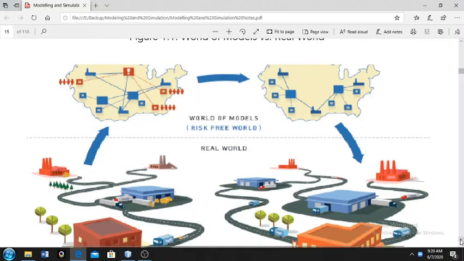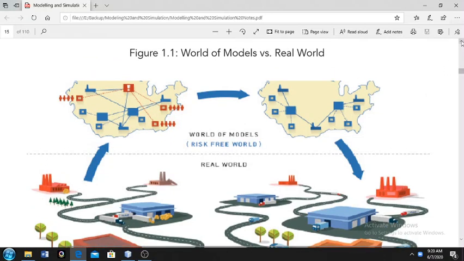Now you see the difference between the model and the reality. Down here we have the real world, made of physical houses, and up here is the world of models. See, world of models versus the real world.